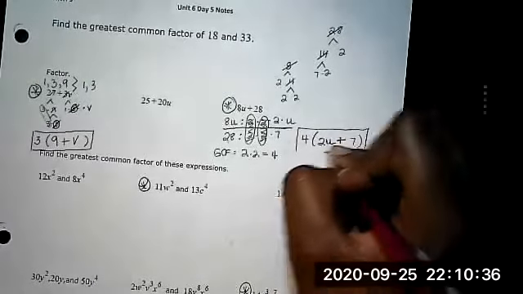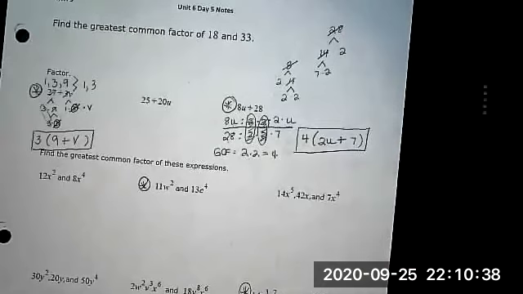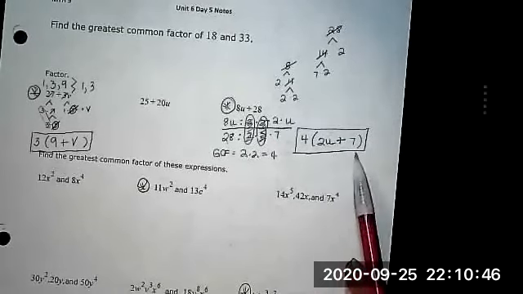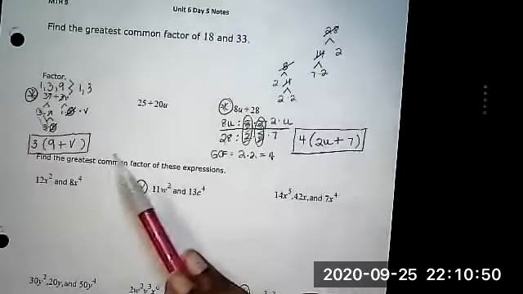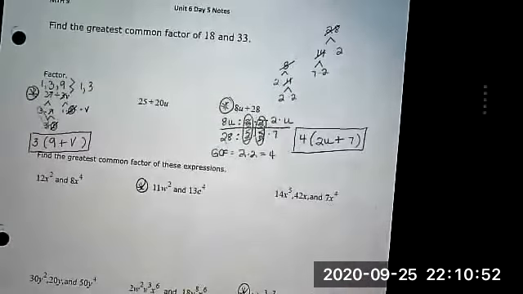This is how you're taking out the 4. So 4 is the greatest common factor, and what's left over is what I leave inside the parentheses. So this is a better example, to me, of how to do it than this.